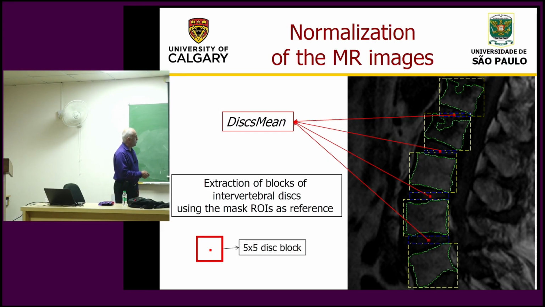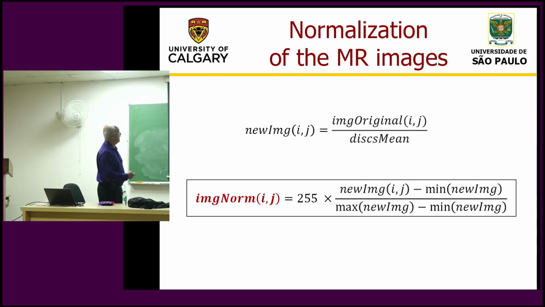So we extracted blocks of intervertebral discs using these masks as regions of interest, and then obtained a 5 by 5 block of pixels within these discs, and averaged them to get a reference value. And the scaled image was obtained as the original image divided by the mean of the disc values and normalized back to 0 to 255.